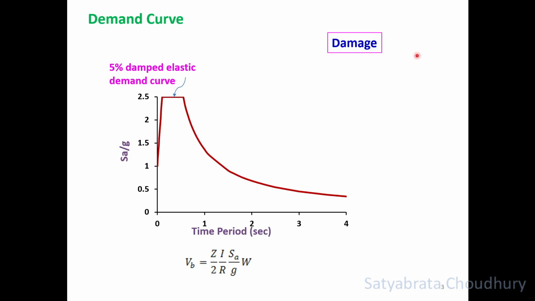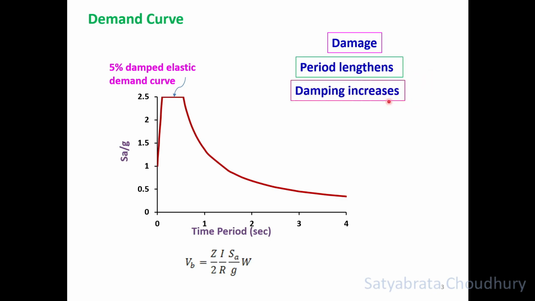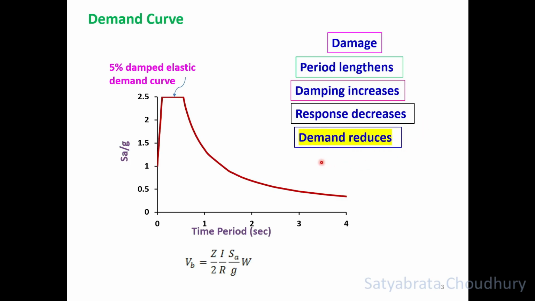Now damage happens in the buildings or structures, and because of this the period of the building will increase and it will increase the damping in the system. Because of the higher damping, response will be reduced, and all the more the demand in the system will be reduced. Demand in the building is imposed by the earthquake, which is represented by the design spectrum in the code at a given level.